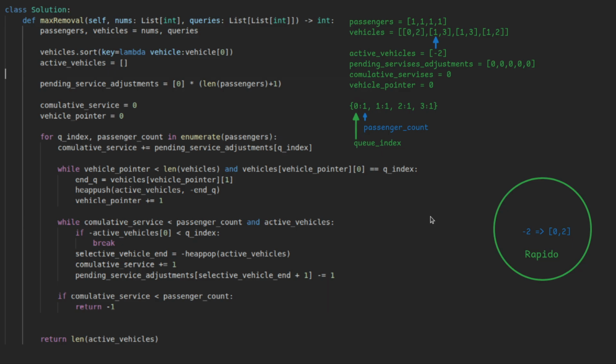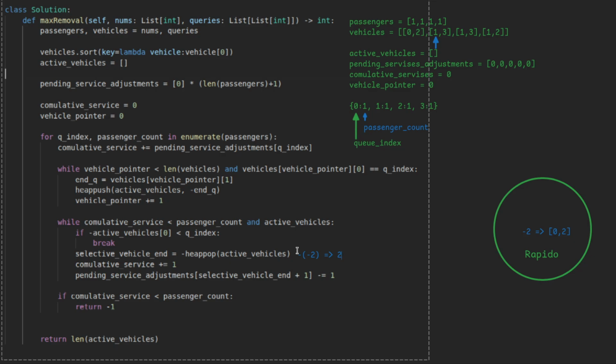Now I have said that I have selective vehicle end as 2. I know that since this is a heap and I am calling this admin heap, when I pop it I get -2, so I am multiplying it by minus, minus of minus 2, so this will say it is plus 2, right?